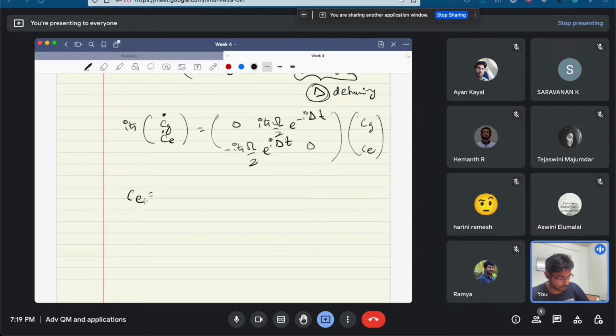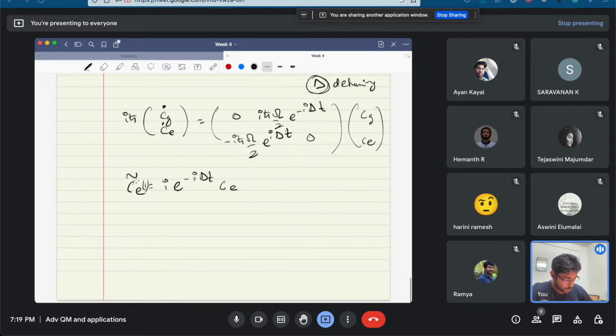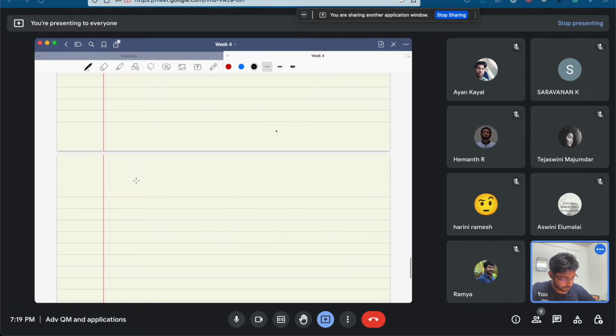So you can use this as a substitution, let's say we call it Ce tilde. Now when you use this as a substitution, maybe something's wrong with it.